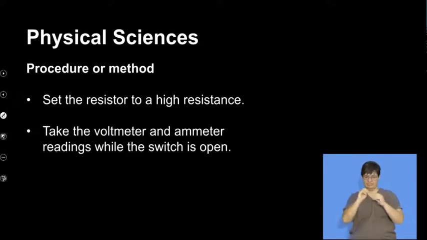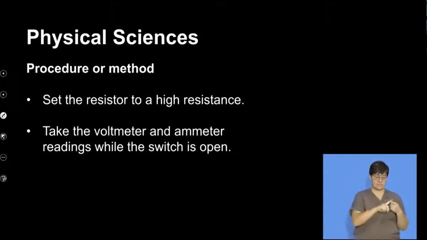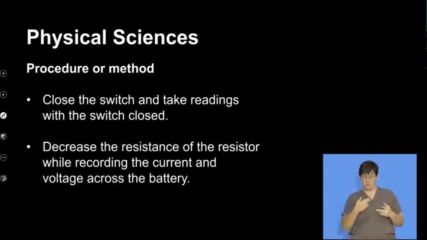We'll set the resistor to a high resistance and then adjust it accordingly and take the values of terminal potential difference. So take the voltmeter and ammeter readings while the switch is open. This is the starting point. Then we'll close the switch, vary the resistance, and take our readings.